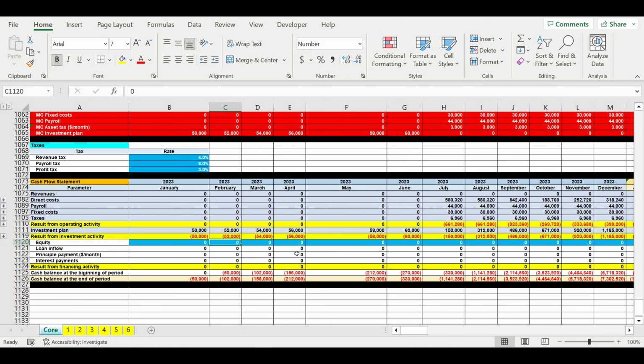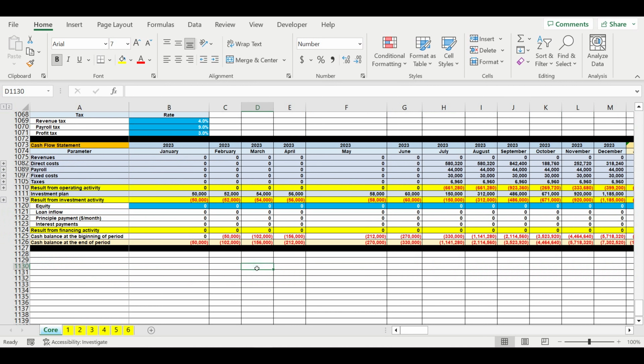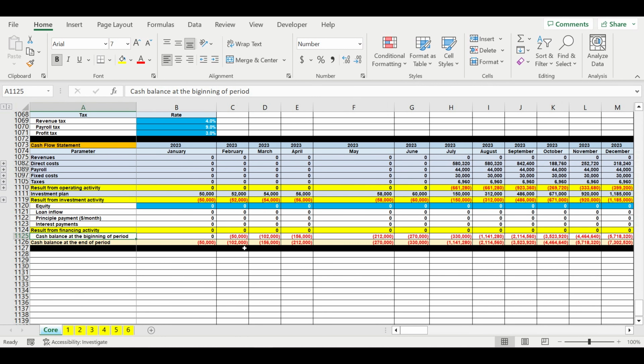So how much money we need to start our project. So what is the rule? The basic story is that in the cash flow statement, the cash balance at the end of the period must always be 0 or positive. So if it is negative, like here, this means that we need to finance these losses.